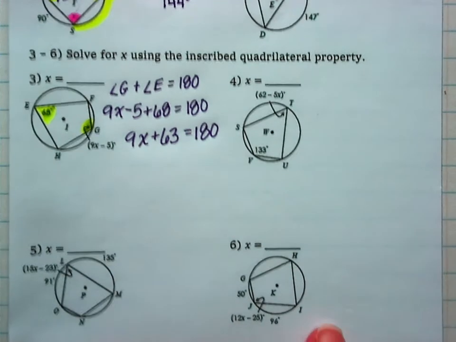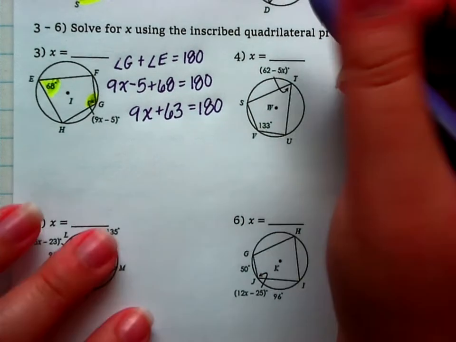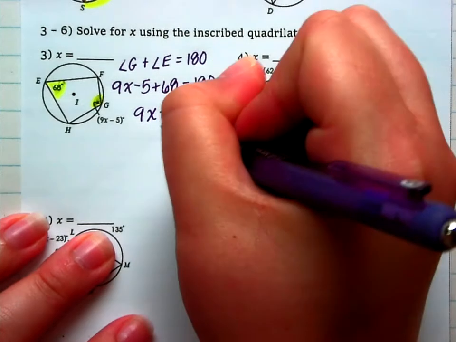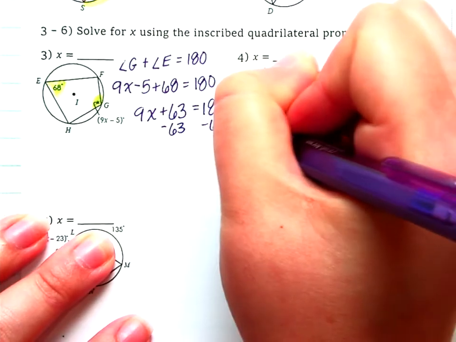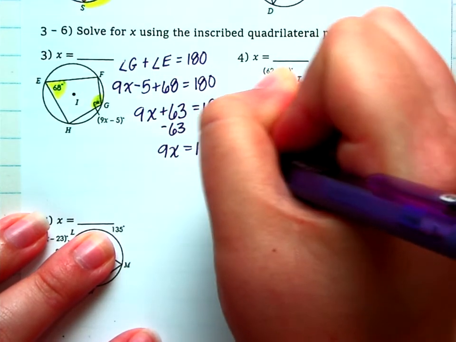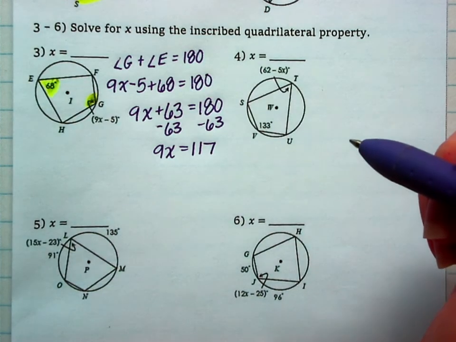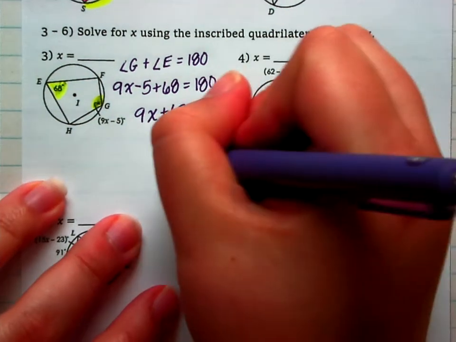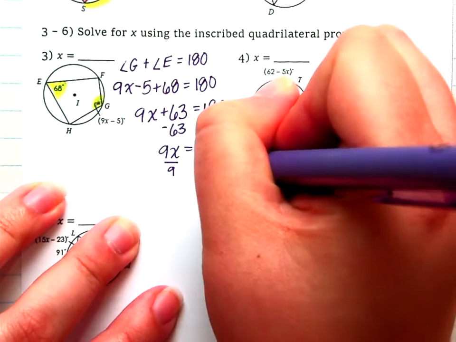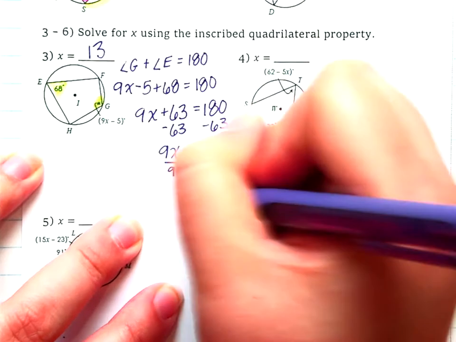Okay, now that we've combined all the like terms, we can solve for x by doing the opposite of what you see to move around the equal sign. Subtract the 63, and 9x equals 117. And divide by 9 to get x all by itself. You get x equals 13.